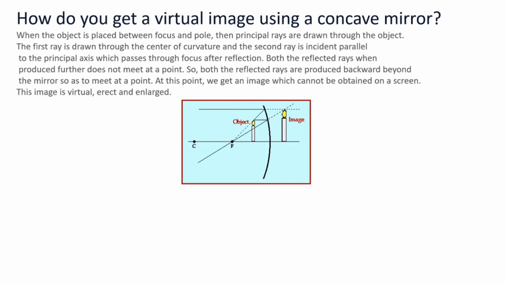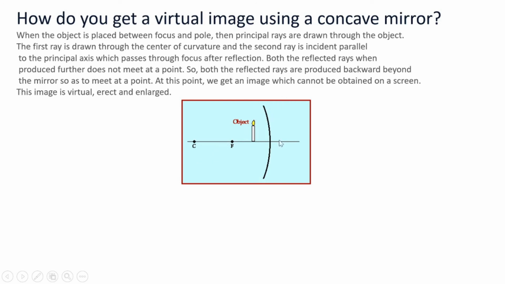Concave mirror. The image formed here is erect, it is straight, and virtual means it is beyond the mirror. At a point we get an image which cannot be obtained on the screen.